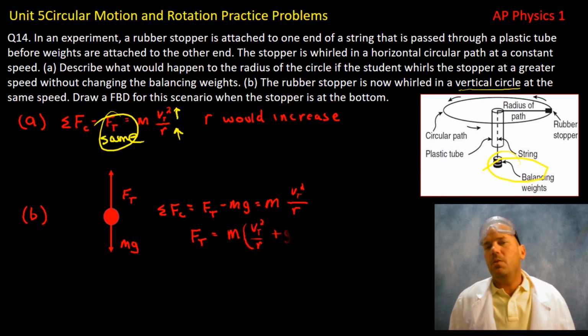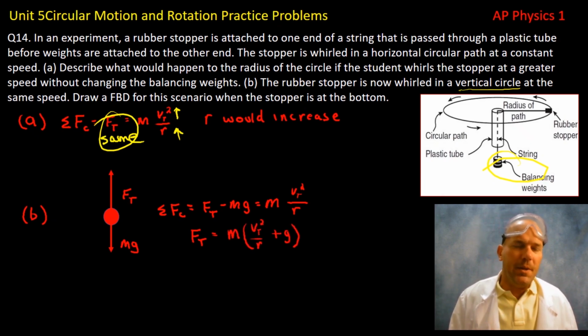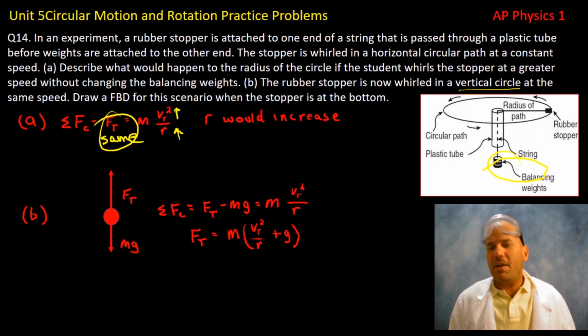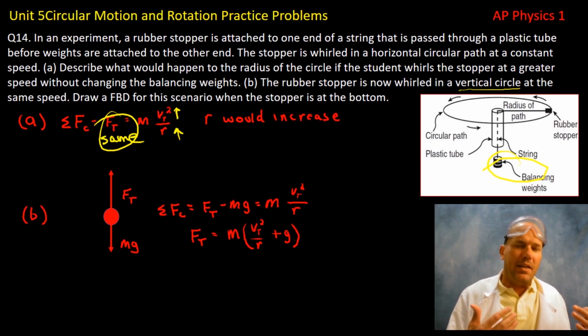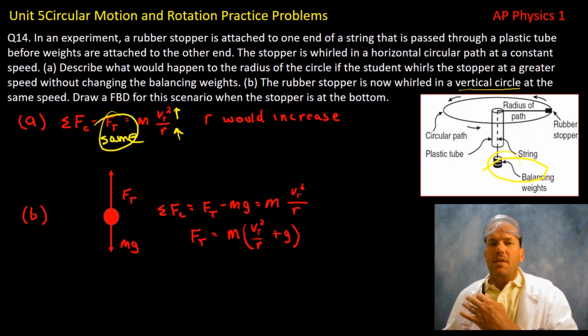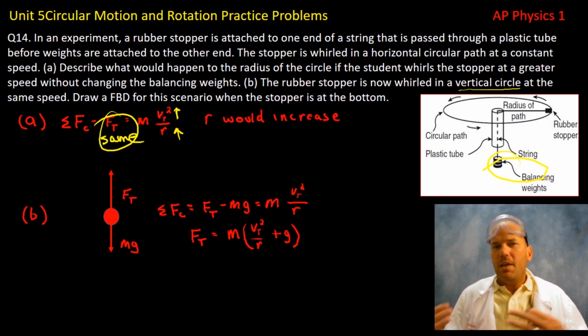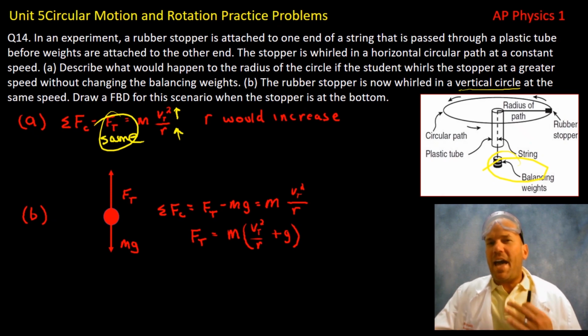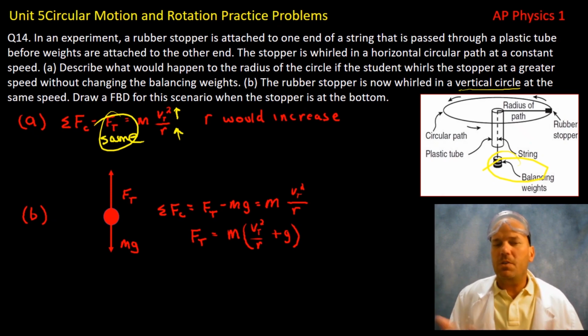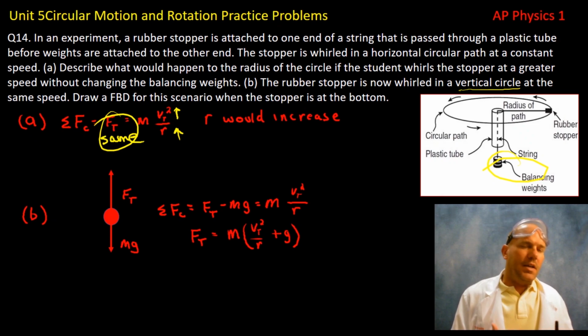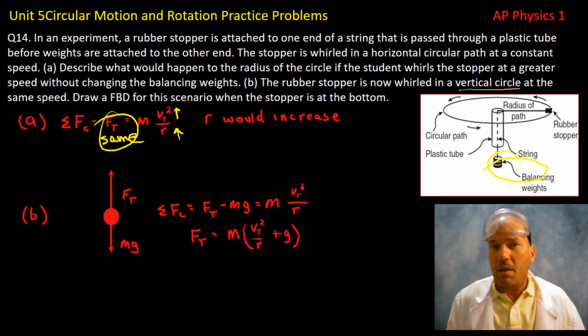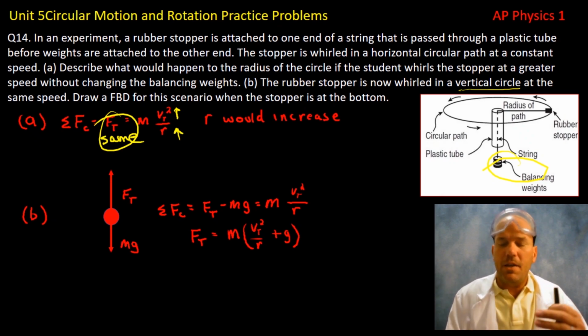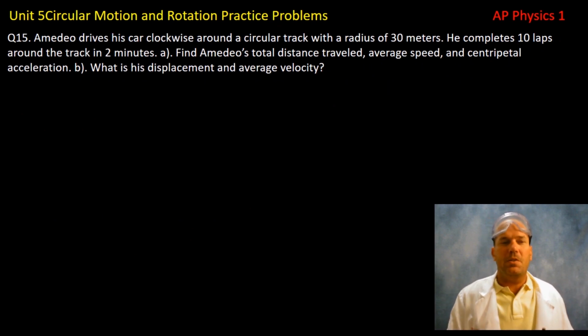As we've shown repeatedly, which is very important, when we factor out the mass at the bottom of this vertical circle, we're going to be adding the acceleration due to gravity. So we're showing force of tension is going to be much greater, as we've shown in our derivation in question 13, than it would be at the top of a vertical circle.